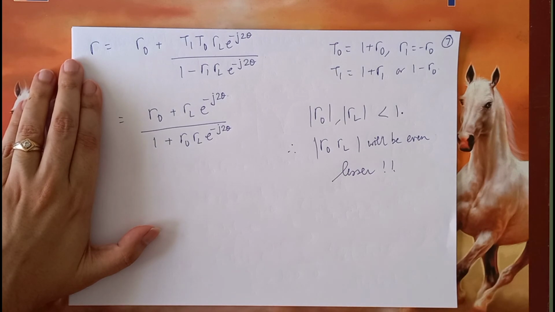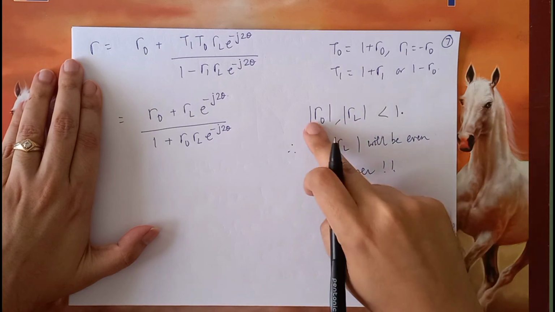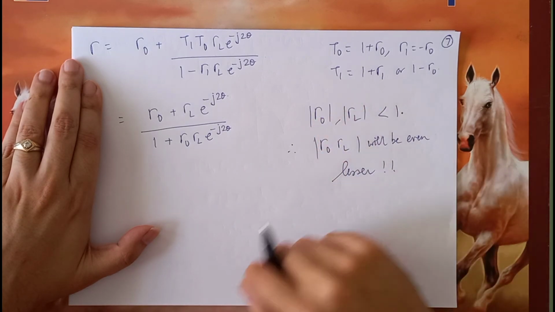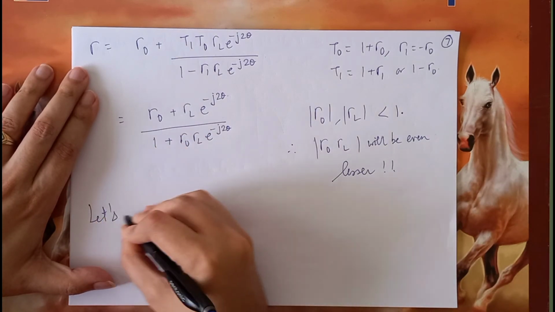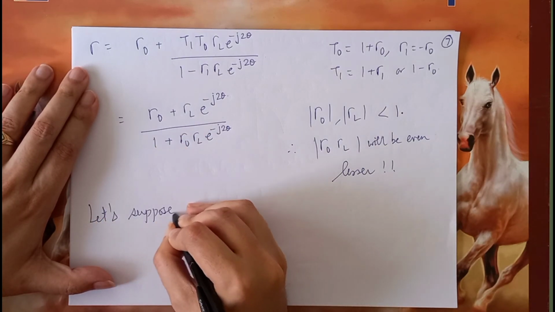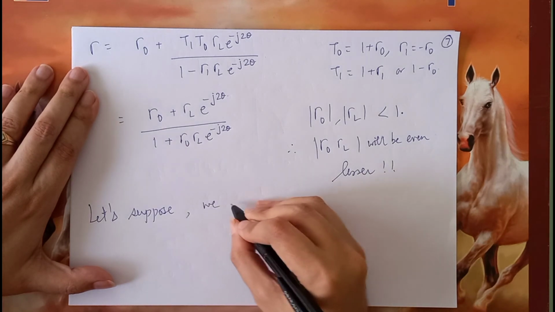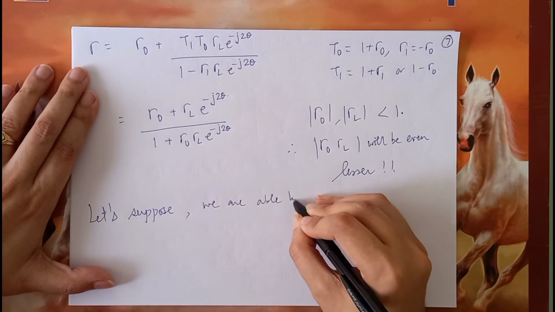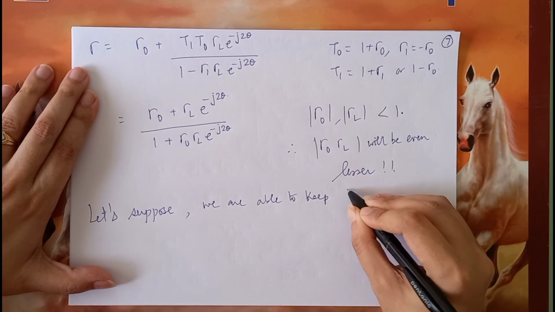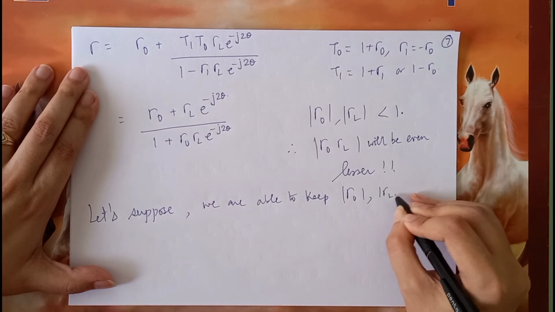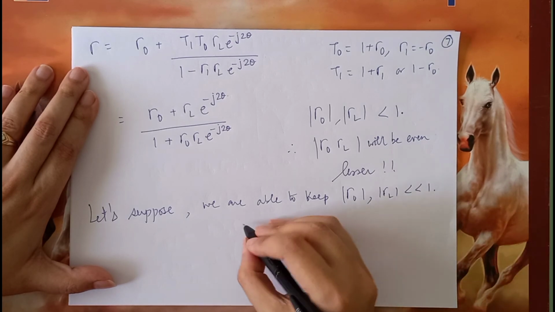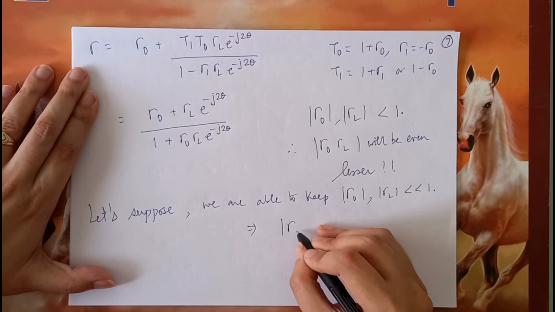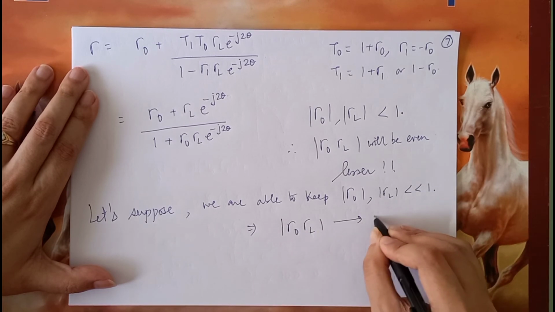So now this sort of gives rise to something very interesting. Let's suppose we are able to keep mod gamma 0 and mod gamma L very, very less than 1, far away from 1. Then what this means is the magnitude of the product of these two will be negligible.